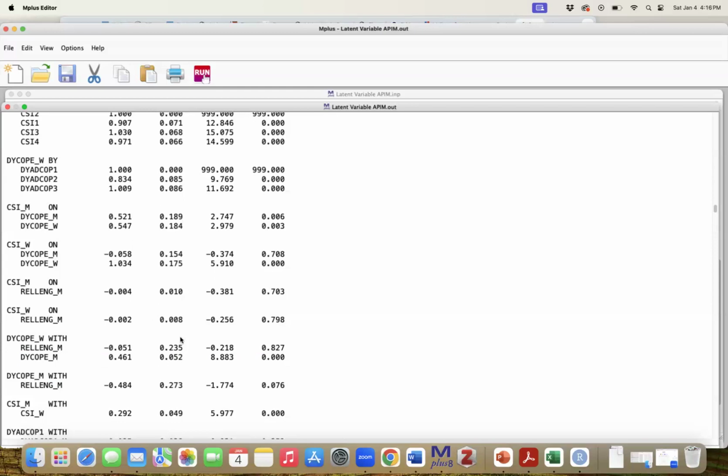So those are some general ways of addressing problems that you'll see in latent variable actor partner interdependence models, and you will see these issues come up early, and you will see them come up often.